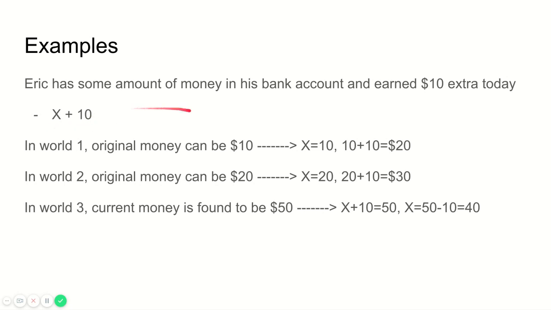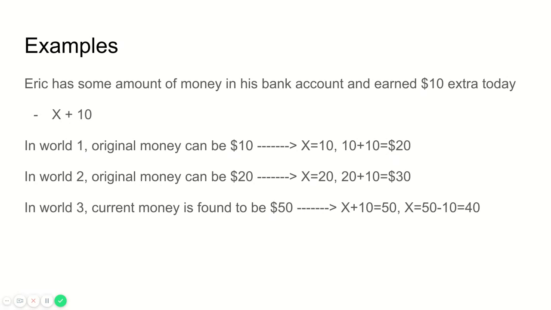That means that if x equals 10, then we have an overall amount of money of $20. However, if you change x, and in world 2, the amount of money is going to become $20, then 20 plus 10 would equal 30. So you can see that if we change x, the outcome will change.